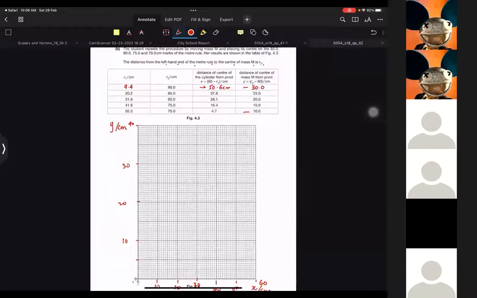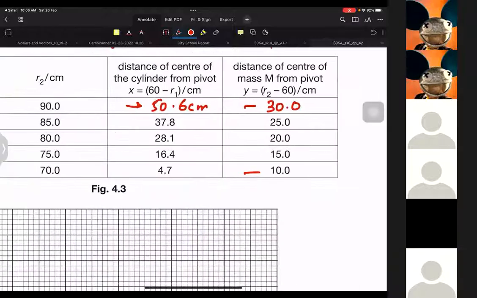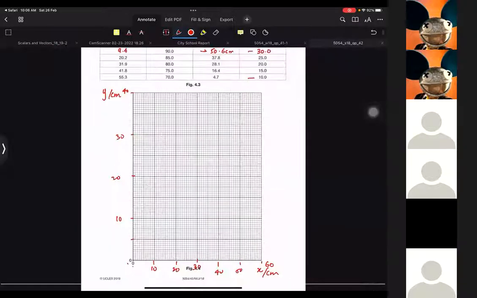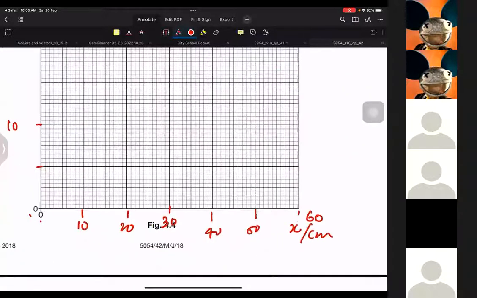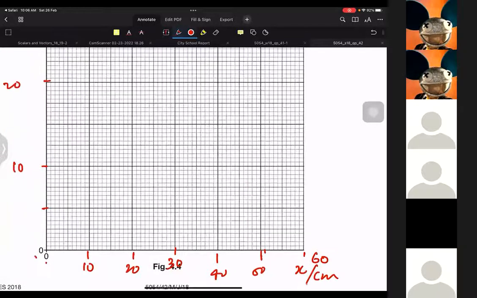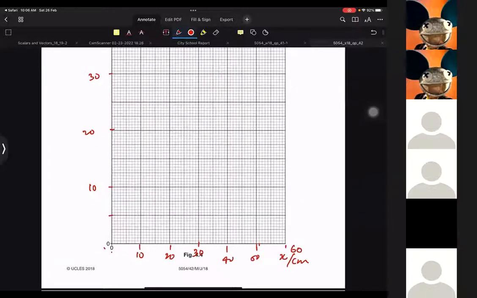So, quickly do this. 50.6 and 30.0, first one is X. 50.6, I think this is 51, so it should be somewhere in the middle, and 30.0. I'm putting a small dot and then a circle around it just to know that I have placed my point here.